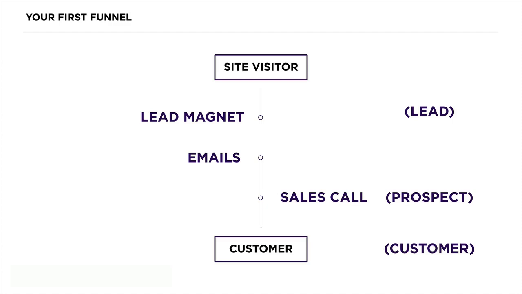And if they end up buying after your sales call, they of course become a customer. This is just one example of this strategy, and we're going to discuss a lot more. But I want you to remember, everything boils back down to site visitors, to leads, to prospects, to customers.